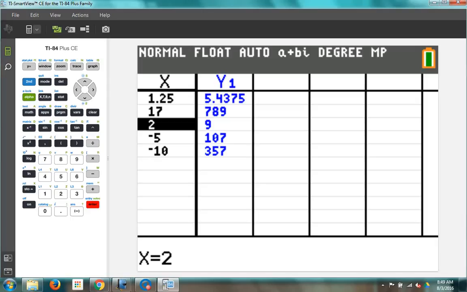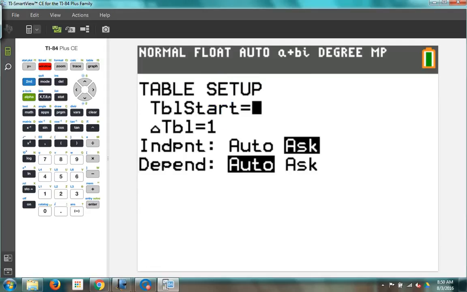If your graphing calculator won't let you type numbers in there, is anybody's not letting them type numbers in there? Okay, I'm going to show you how to set it so it will. What you want to press is second and the window button, and that will get you to this table setup menu. Second and then window is up there right beside the y equals button.